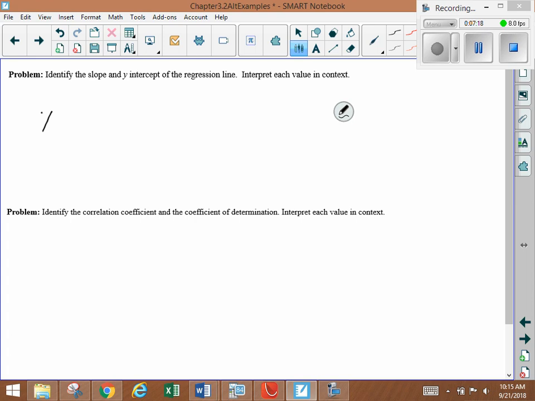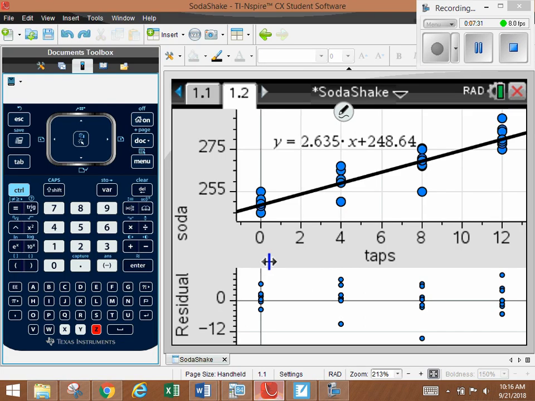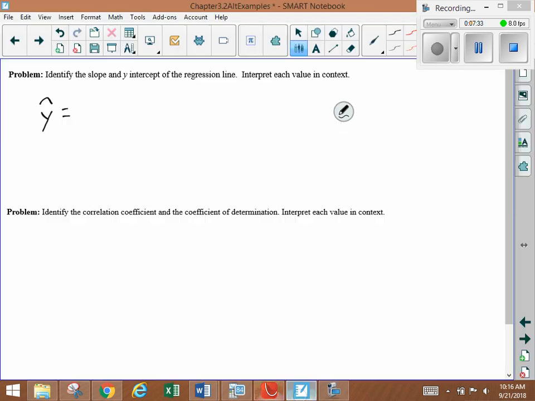So, our equation of our regression line was, can someone give me the slope, please? 248.64, right? We're going to interpret it as well.